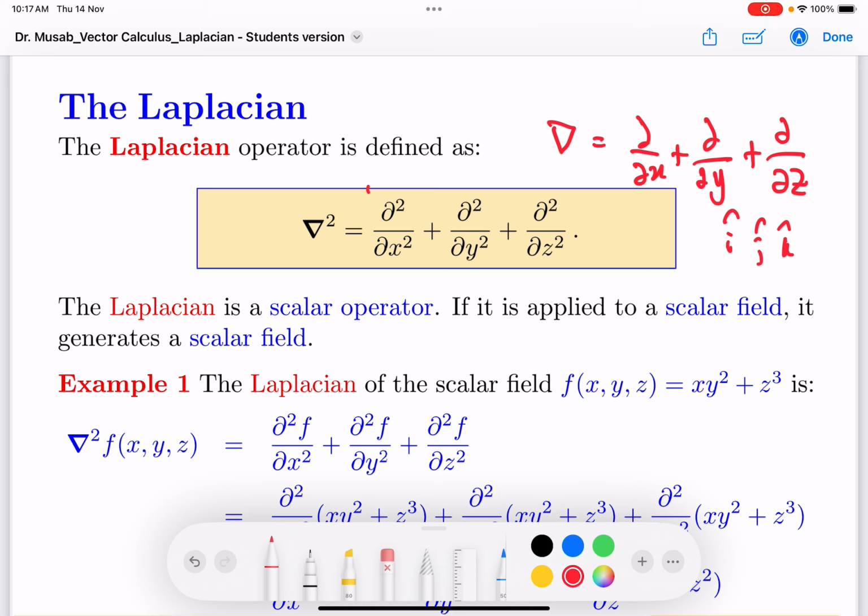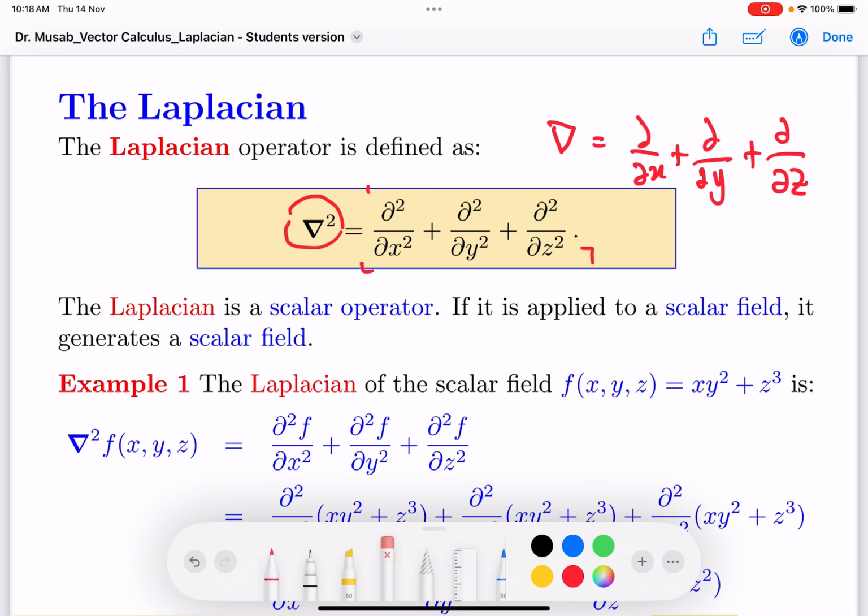Basically, Laplacian is another divergence of the main divergence. I mean, you have a second partial derivative of your given vector field, which is in 3 dimensions x, y, and z. So you do it a second time instead of only one time as in divergence.